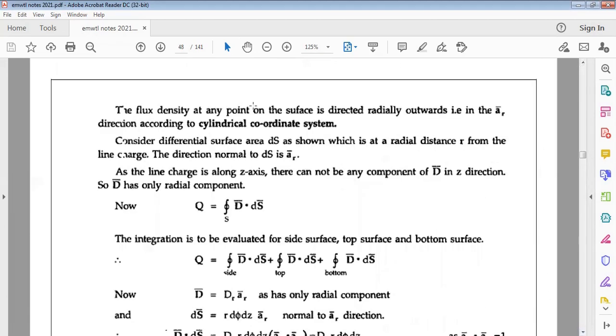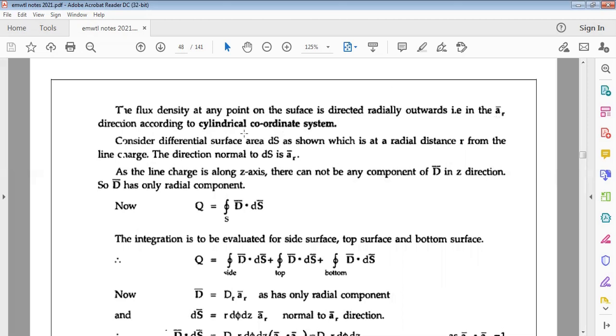The flux density at any point on the surface is directed radially outwards. The charge is distributed uniformly on the z-axis, which means there are positive charges enclosed within the cylinder. From the charges, the lines of force terminate radially outward in the AR bar direction according to the cylindrical coordinate system.